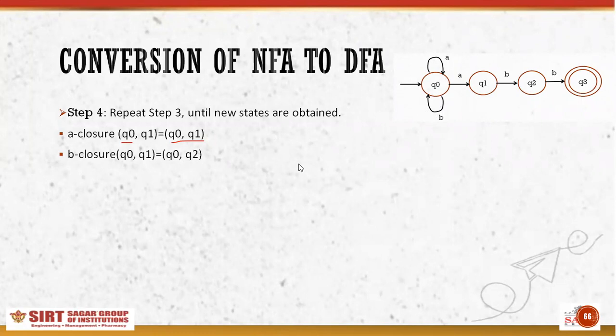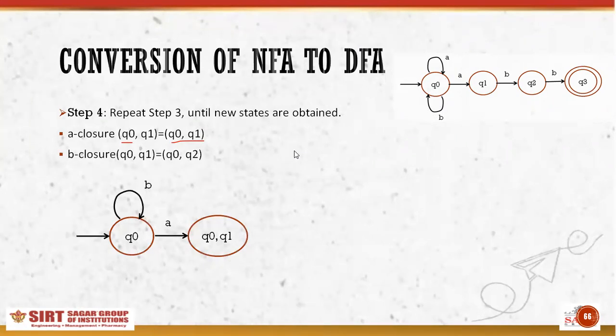I will trace these findings in my machine. This is the machine which I made in the last step. On the a transition from Q0, Q1, I am reaching Q0, Q1 only, so there will be a self loop. And from Q0, Q1 on giving b, I am reaching a state Q0, Q2, which is not present at this moment.